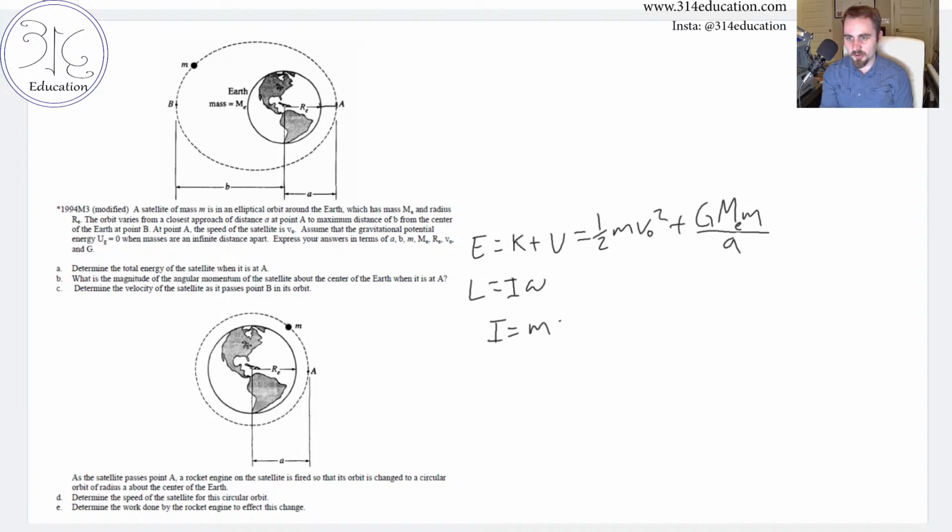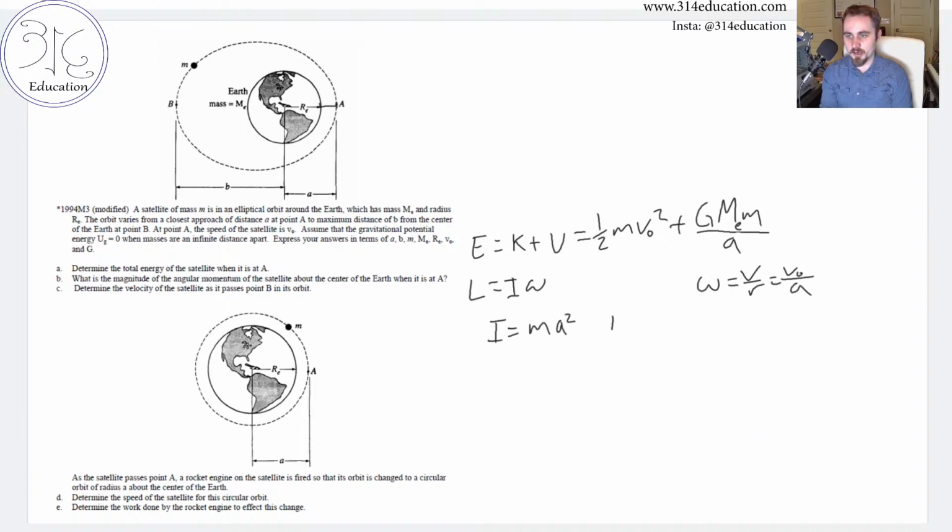Our radius here is a, so this will be m a squared. Omega is going to equal our velocity divided by our radius again. So that's going to be v naught over a.